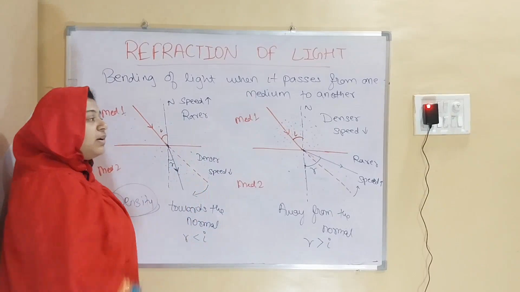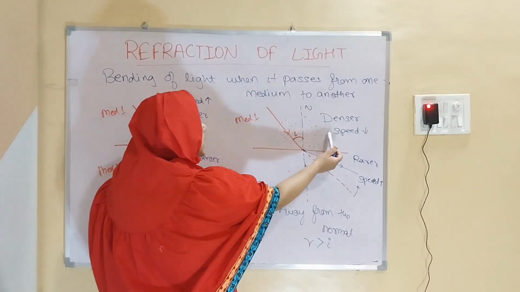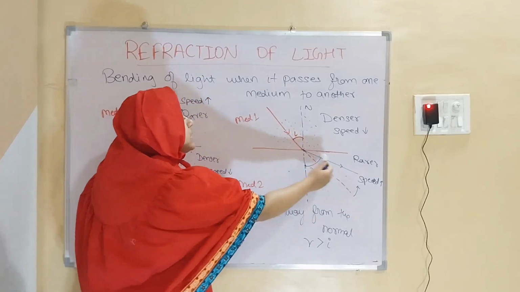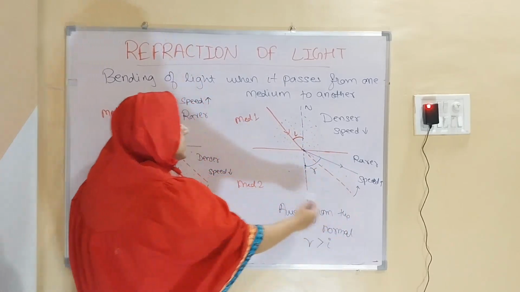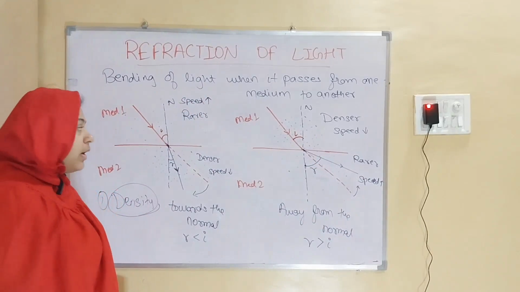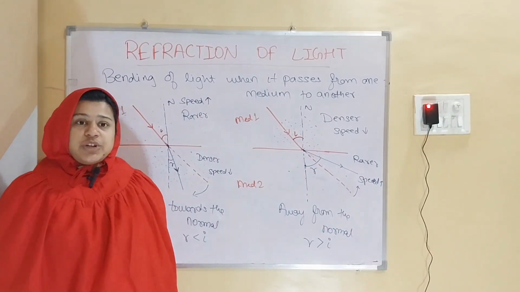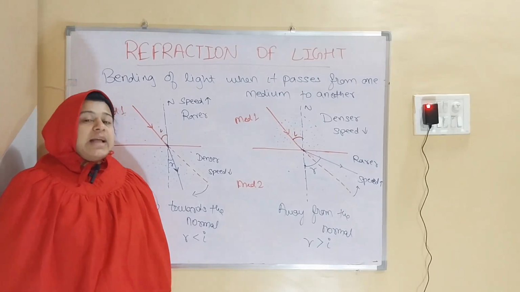This is because of the density. And when the light goes from a denser medium to a rarer medium, its speed increases and it bends away from the normal. Okay, so this is all with the definition for refraction of light.